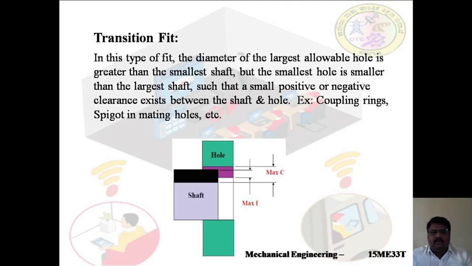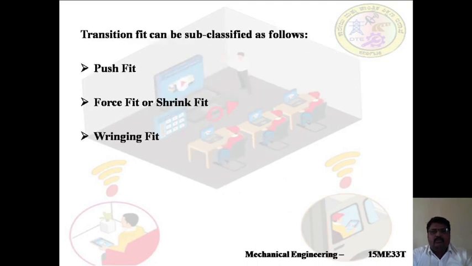Examples are coupling rings, pivot limiting poles, etc. That you can see in the picture given below. The transition fit can be subclassified as push fit, force fit or string fit, and lastly ringing fit.